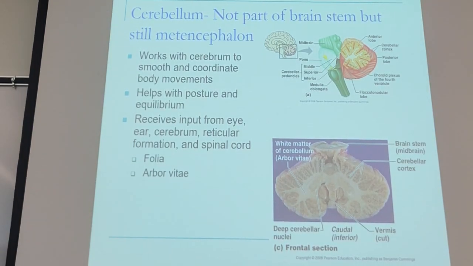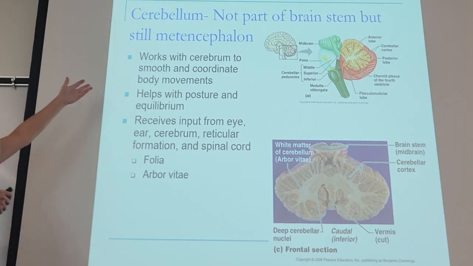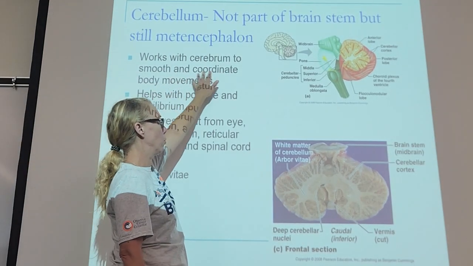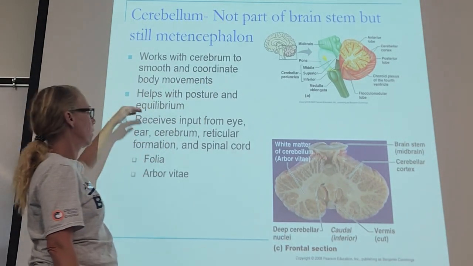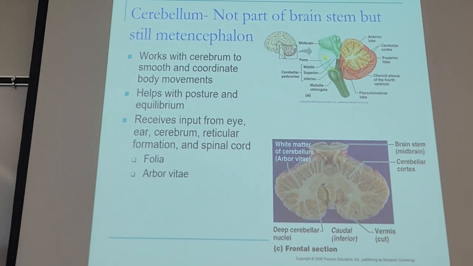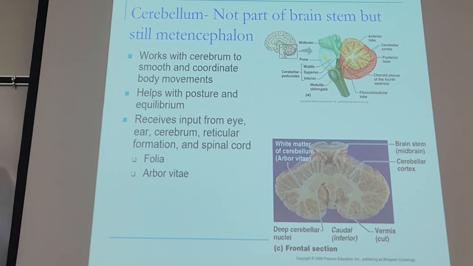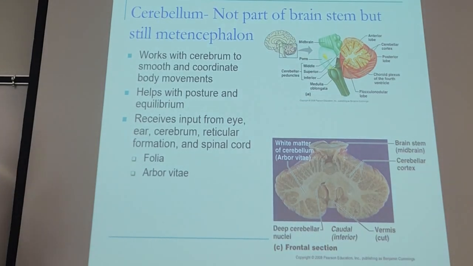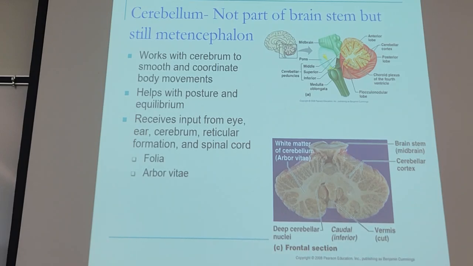It also works with the basal nuclei to contribute to coordinated and smooth body movements, but it helps with posture and your equilibrium, your ability to be upright. So someone that has a cerebellar stroke or pathology to the cerebellum will probably have very uncoordinated movements, not be able to maintain balance, be very impulsive.